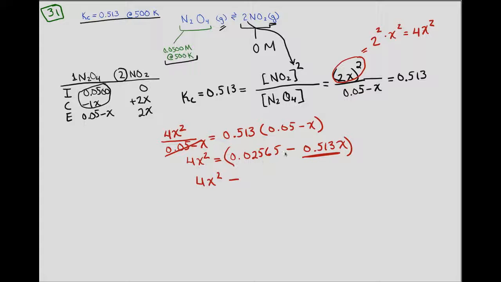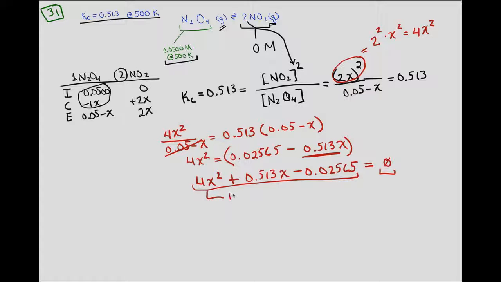Because it's a minus of a minus, it's going to become a plus 0.513x minus that piece right there, 0.02565. And we still keep the equal sign right here, and we write the 0, because without an equals, you cannot have an equation.